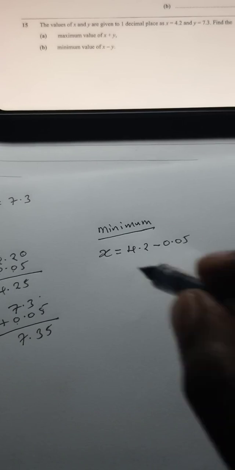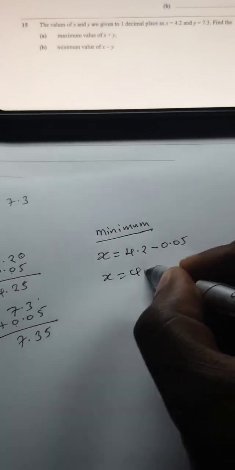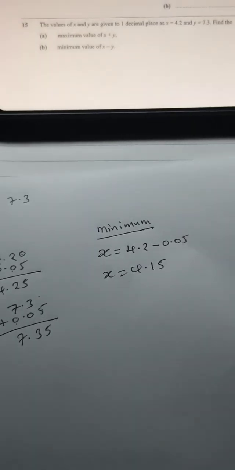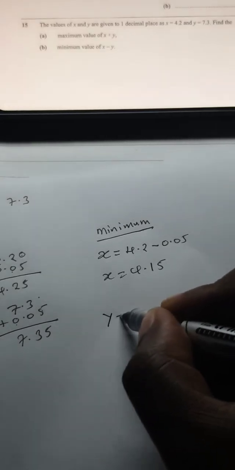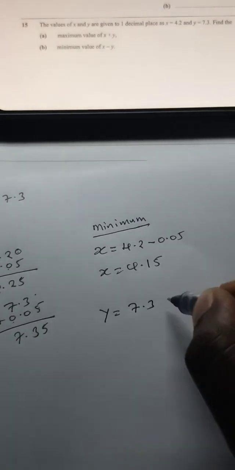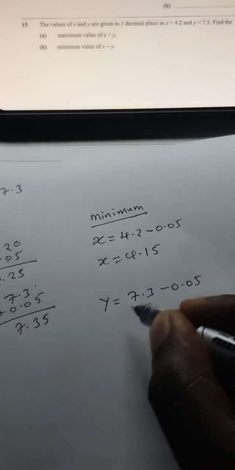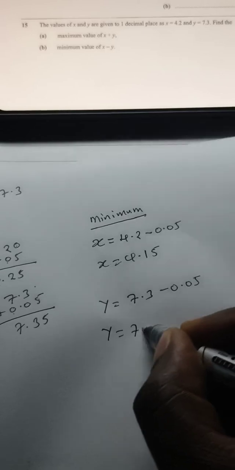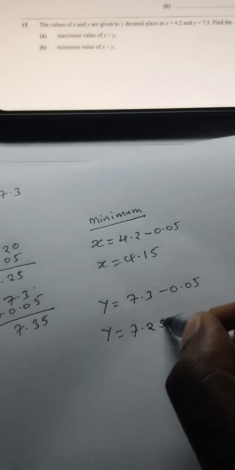So 4.2 minus 0.05 is 4.15. Y is 7.3 minus 0.05. Y is equal to 7.25.